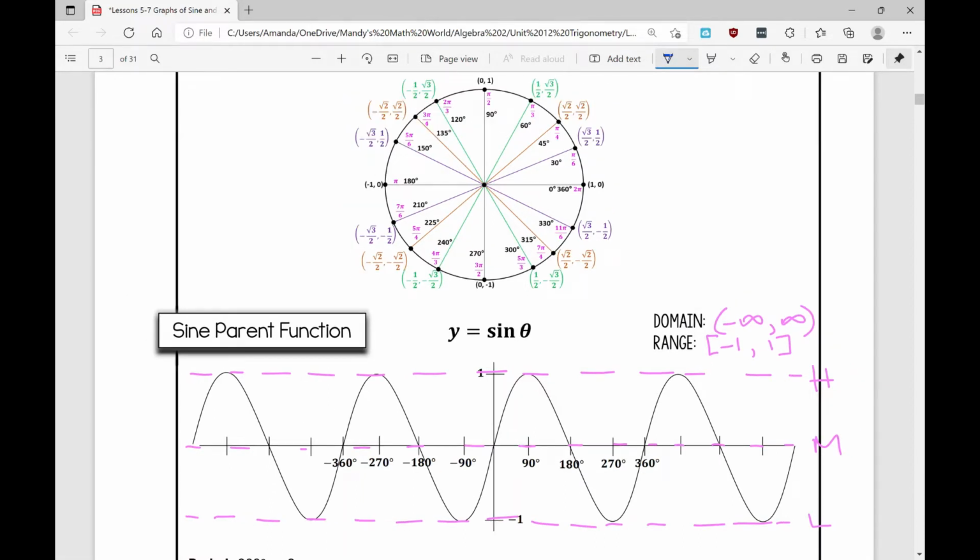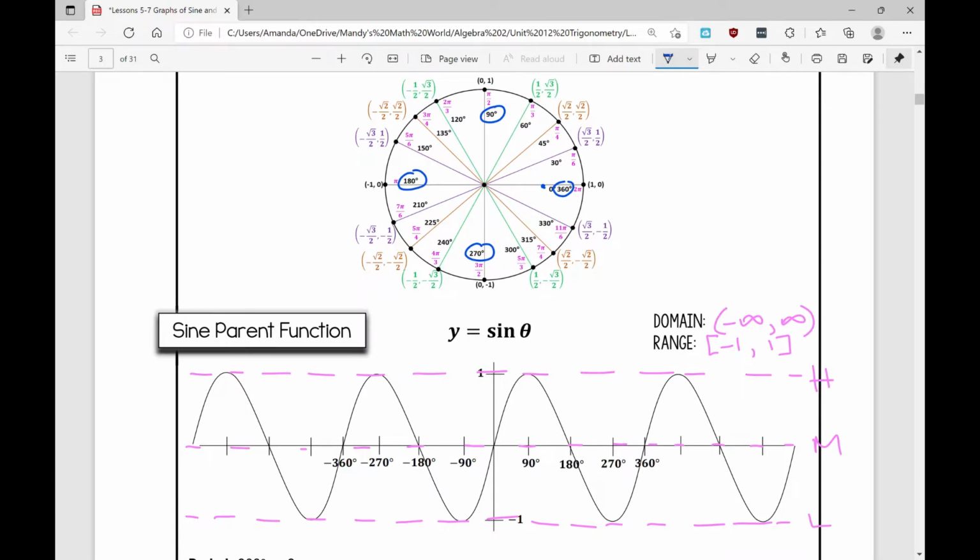If you think about your unit circle, we're at 0 degrees right here, 90's up here, 180's right here, 270's right here, 360's right there. One whole revolution around this circle, the circumference, is 2 pi or 360. That's what we're graphing right here.